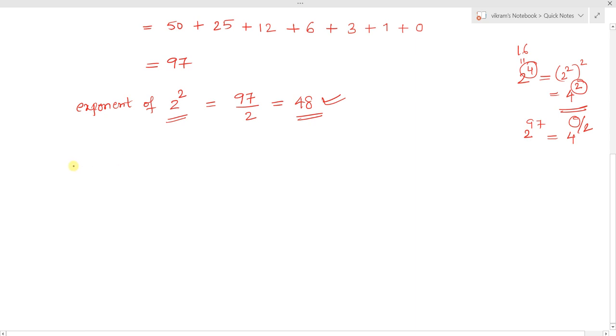Right. Now we need to find the exponent of the prime number 3 in 100 factorial.